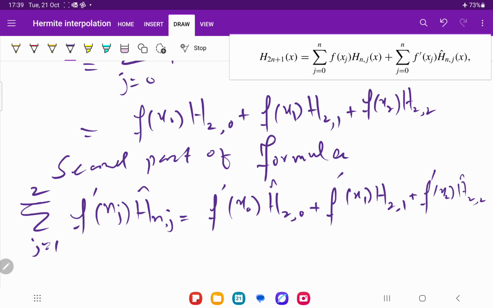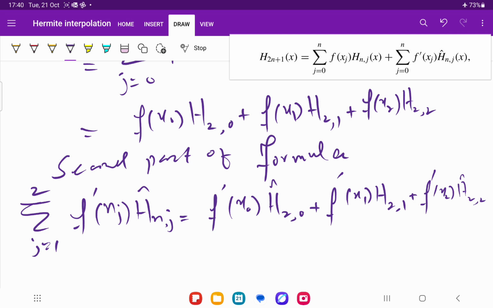So that is the expansion of the formula. It means that f dash of x naught, f dash of x1 and f dash of x2 will be given values in a column, and these values will be multiplied with h hat 2 0, h hat 2 1 and h hat 2 2.